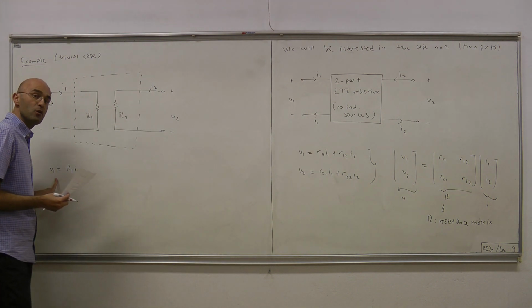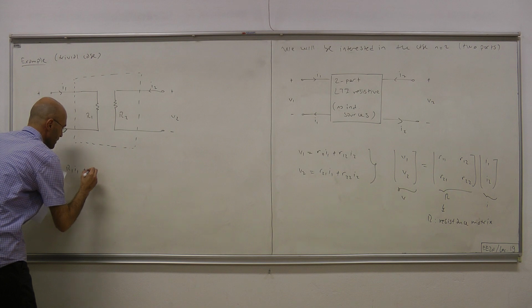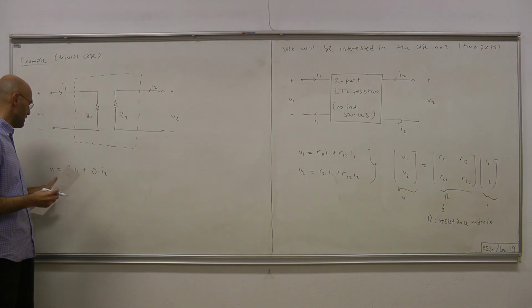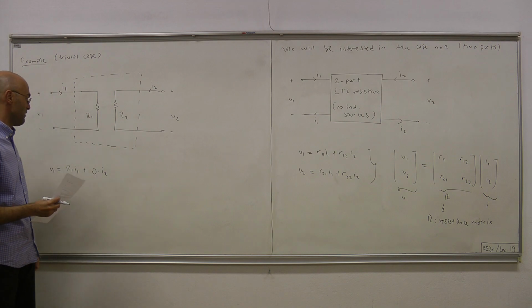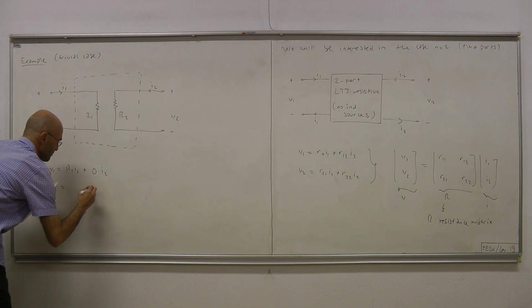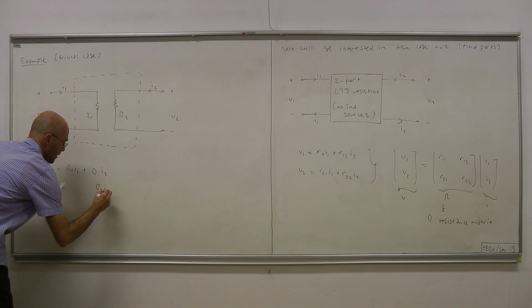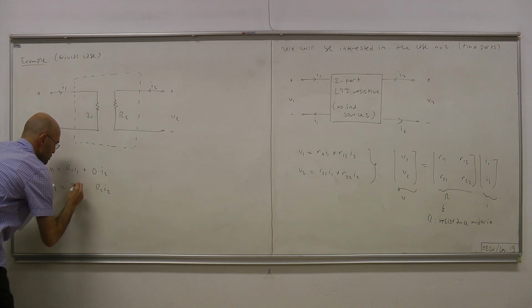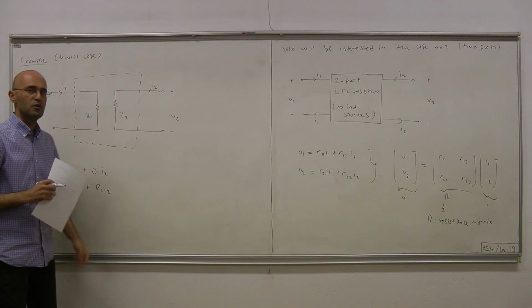But V1 doesn't depend on I2, so that means it's 0 times I2. Okay, no matter what I2 is, V1 will not be affected by that. Then likewise, V2 equals R2 I2. It doesn't depend on I1, so that means here we have 0 times I1 plus R2 I2.